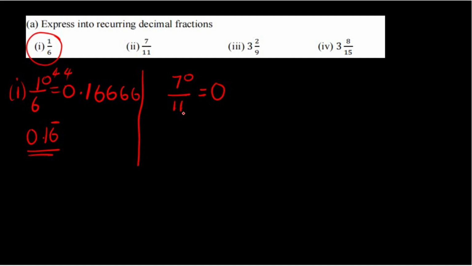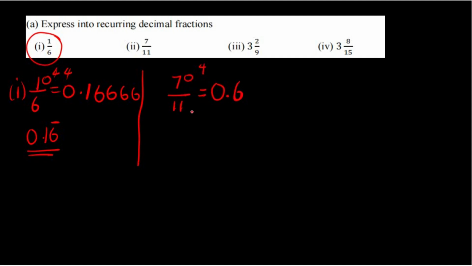Then 7 into 70 enters 6 times, which is 66, remember 4, because it only enters into 66. So we have remainder 4.